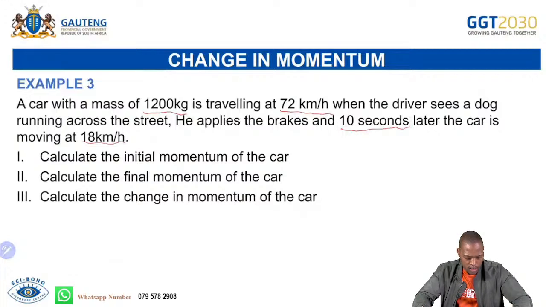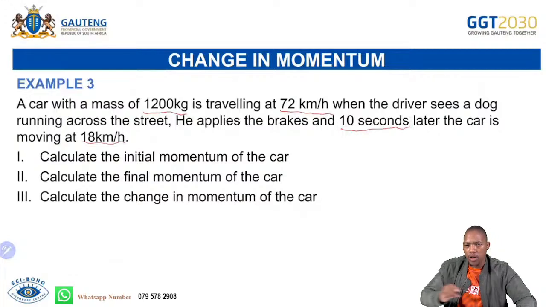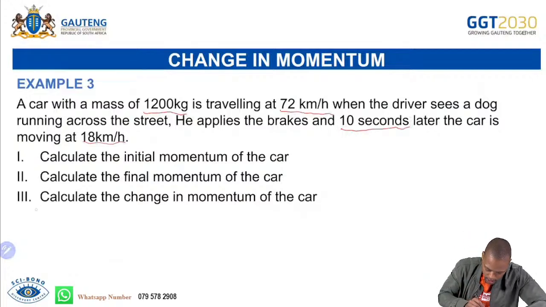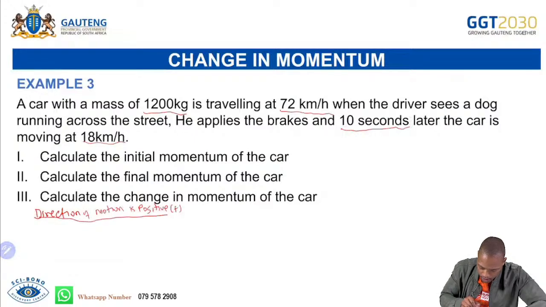They only want the momentum, and I've done the momentum before. But what do I do first? I must always take direction. In this case, I am not given direction where they say to the right or to the left. So how do I determine direction in that case? Well, I just say direction of motion is positive, wherever the object may be going, be it to the right or to the left.